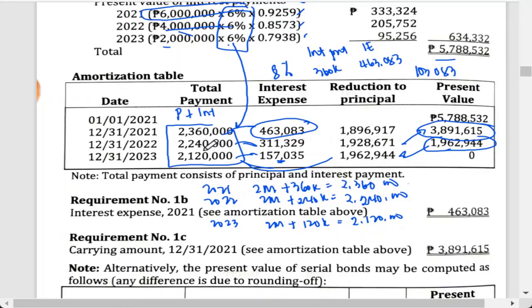Same goes here, 240 and 311,329. The amortization is 311,329 minus 240, that's 71,329. And finally, 120 and 157,035. So that's 157 minus 120, that's 37,035. Okay?